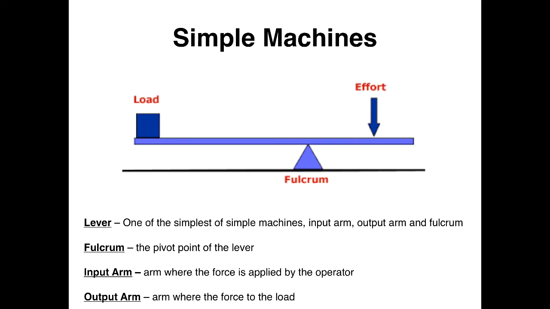The output arm is where the force or effort comes out of the machine and lifts the load. So the distance from the fulcrum to the effort times the effort should equal the distance from the load to the fulcrum times the load.